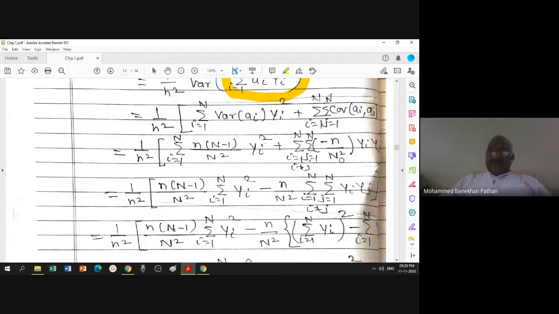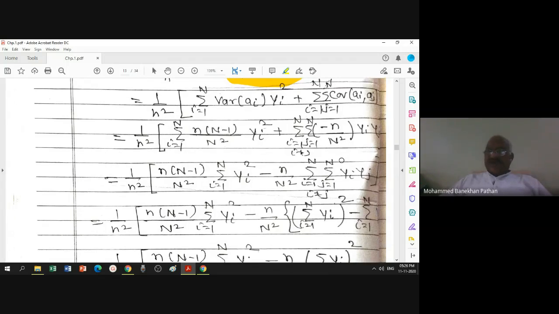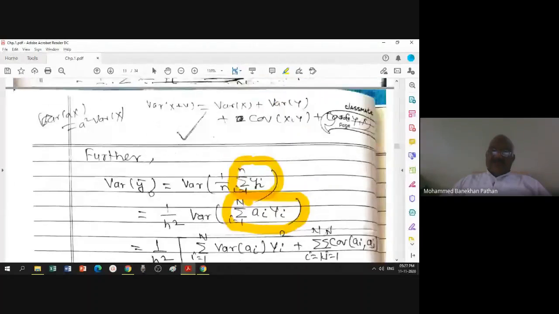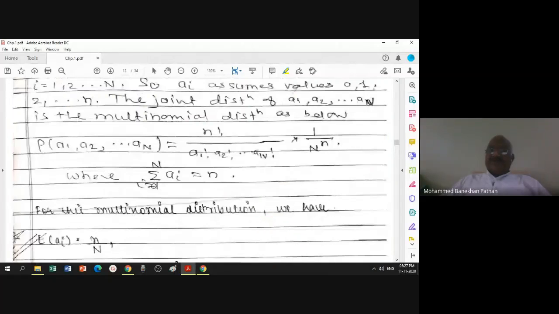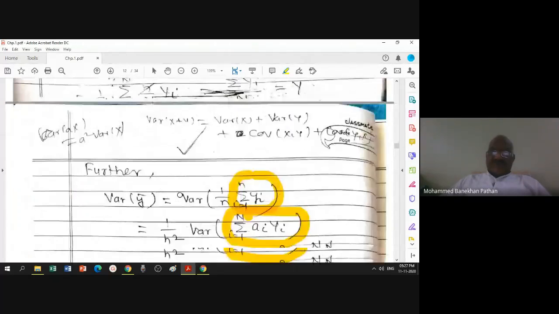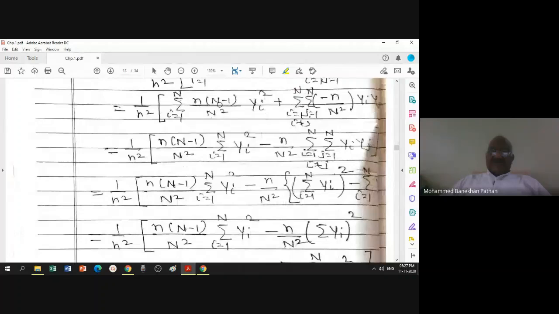Now this term is going to be simplified for getting the answer of the variance of y bar under the method, what method? With replacement. Let us try to simplify. This is totally constant, put it outside. This is constant, plus becomes minus outside.